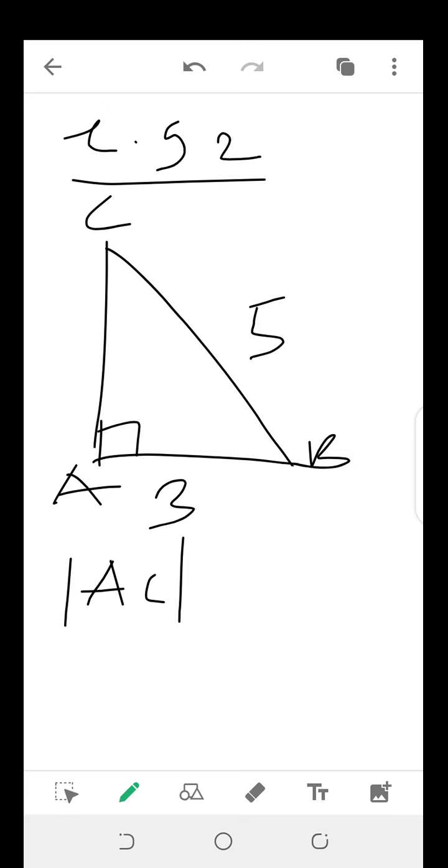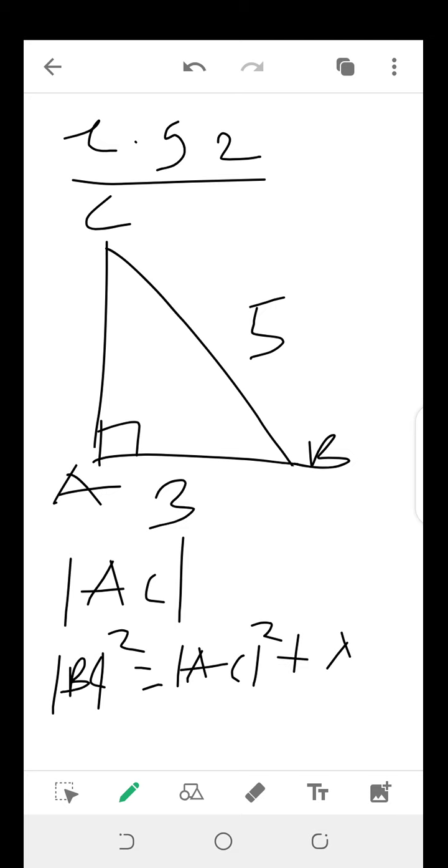So let's say that the magnitude of BC square should be equal to the magnitude of AC square plus the magnitude of AB square.